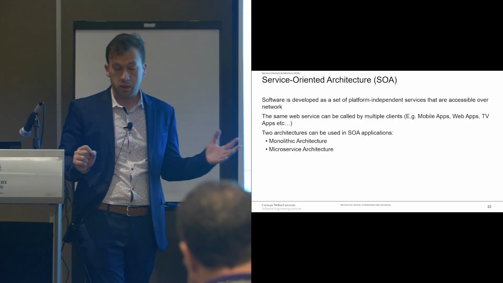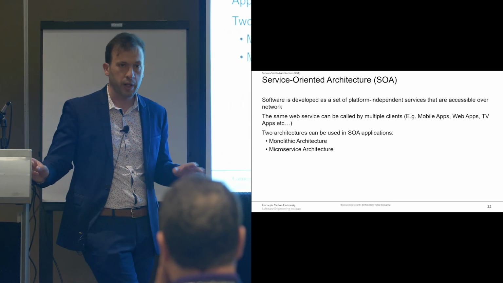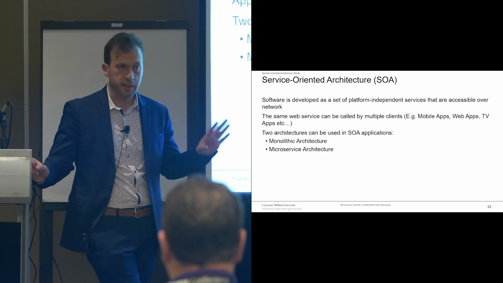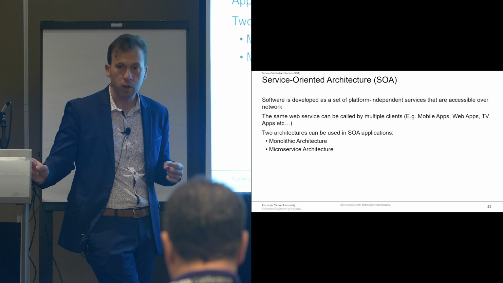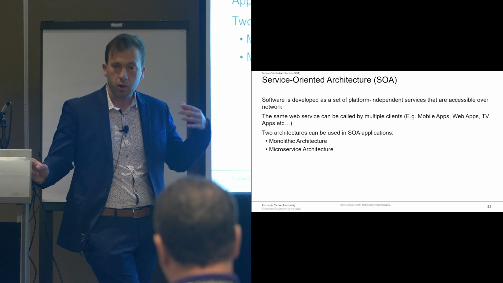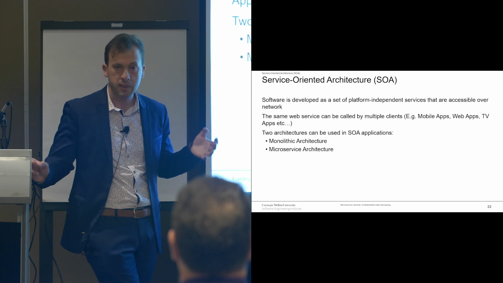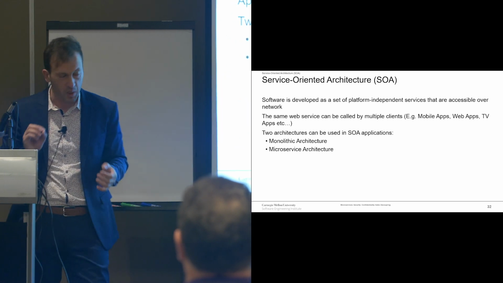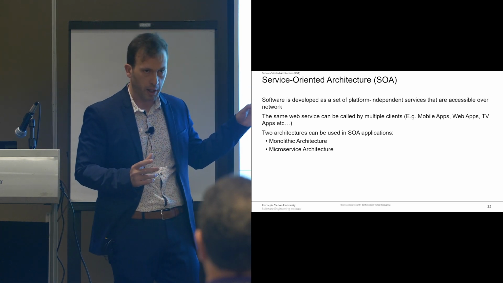SOA, service-oriented architecture, allows us to develop the software as a set of services that are accessible over the network, okay? And the same service will be accessible or used by multiple clients, such as mobile apps, web apps, TV apps, and so on. I'm not going to talk about the benefits of SOA, okay?